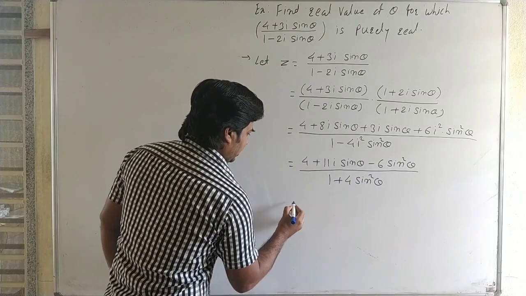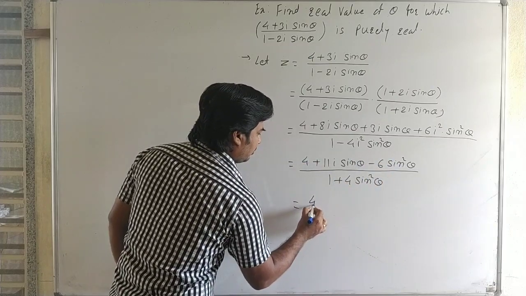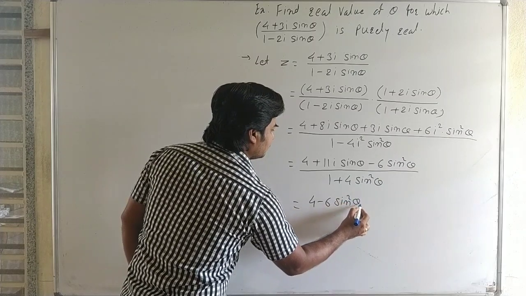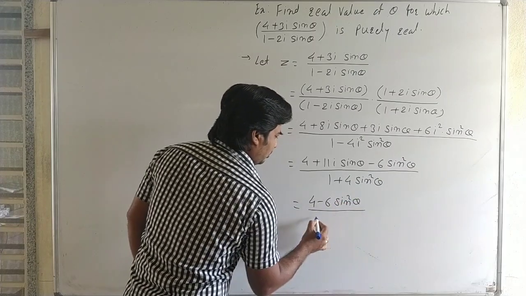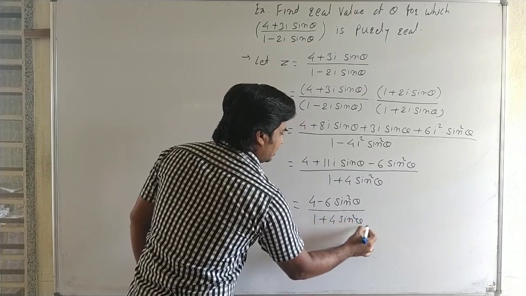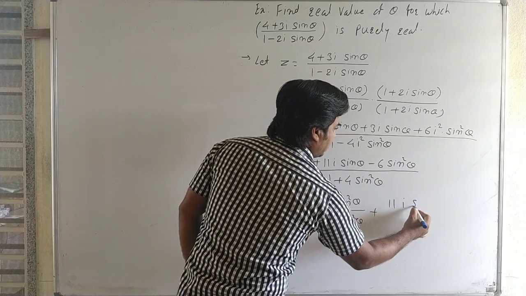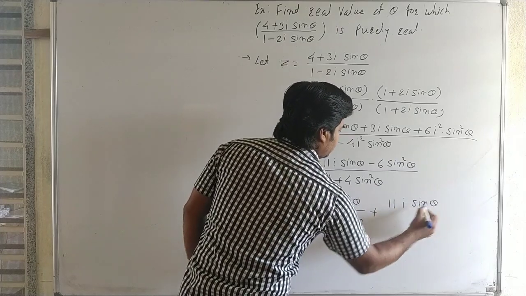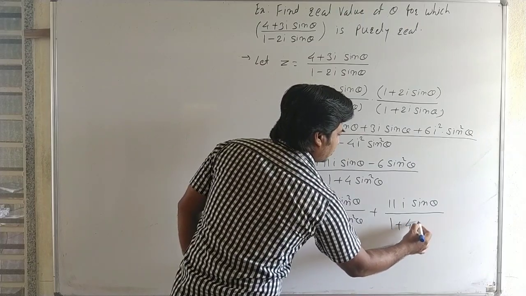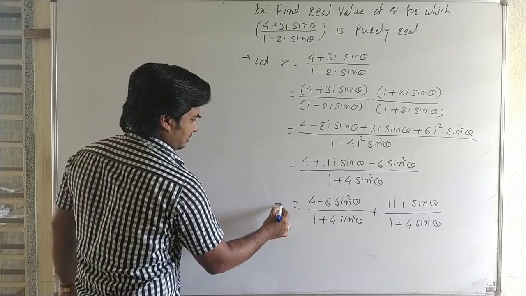Then the real part is 4 minus 6 sin square theta upon 1 plus 4 sin square theta, plus 11i sin theta, the imaginary part, upon 1 plus 4 sin square theta. It is z.